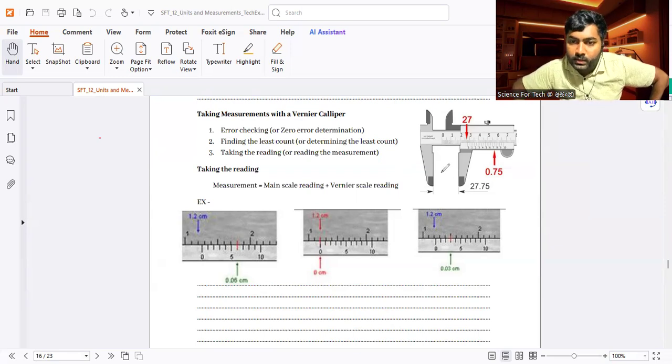Okay, the major reason is oxidizing of the jaw parts.